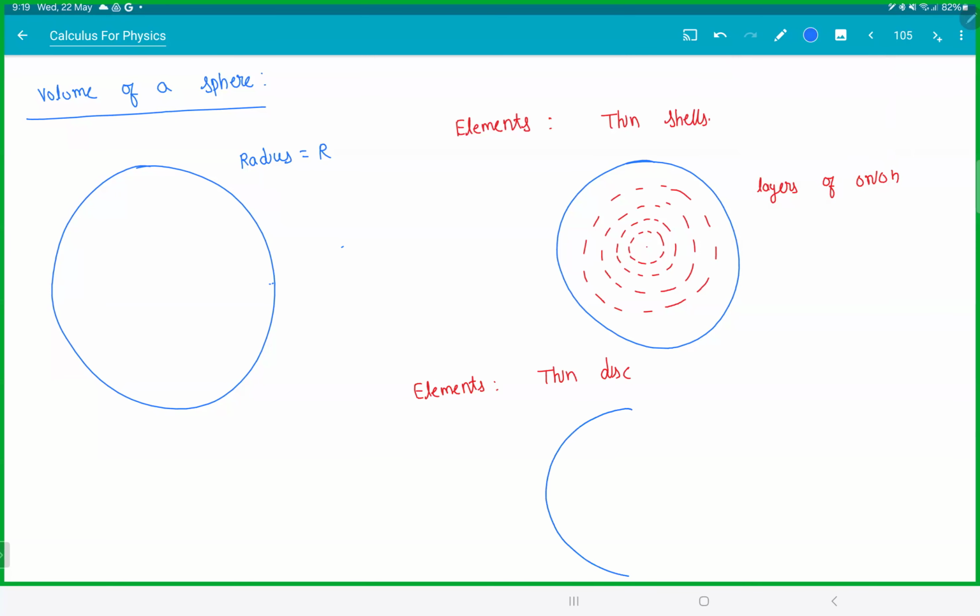Both have their own merits, especially when you see this. So this is what you do. You'll take a thin disc like this, thin disc like this. You're getting how I'm taking elements?